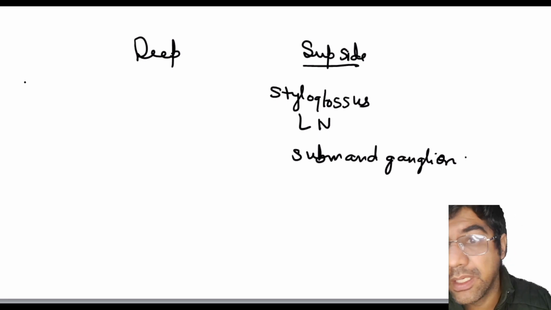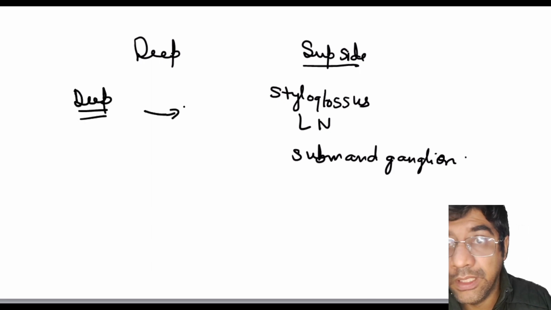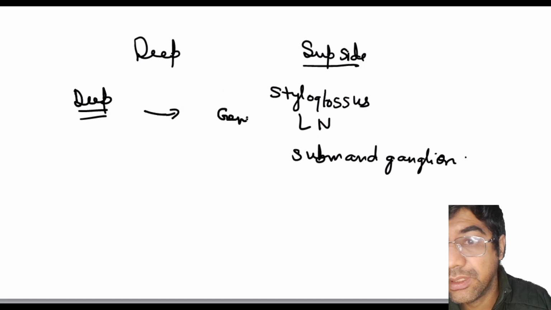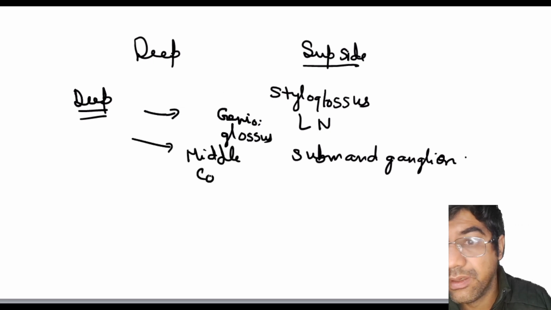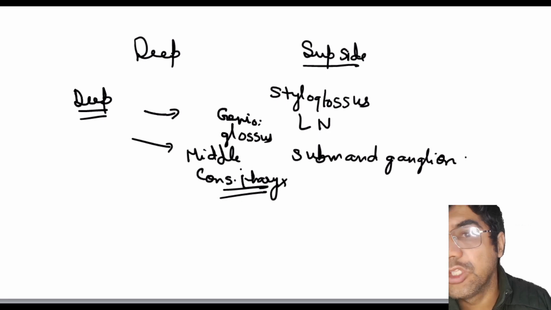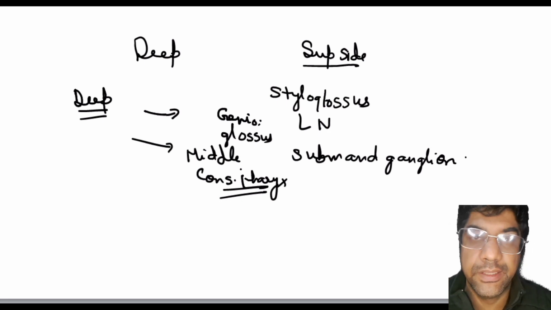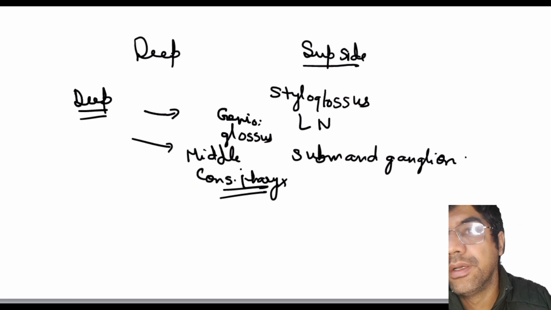The deep parts are the genioglossus, middle constrictor of the pharynx, glossopharyngeal nerve, stylohyoid ligament, and lingual artery. So these are the important relations of the hypoglossal nerve.